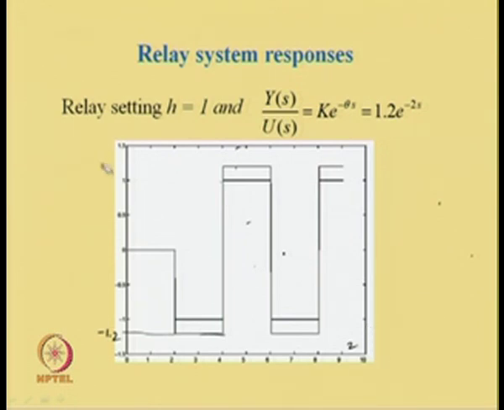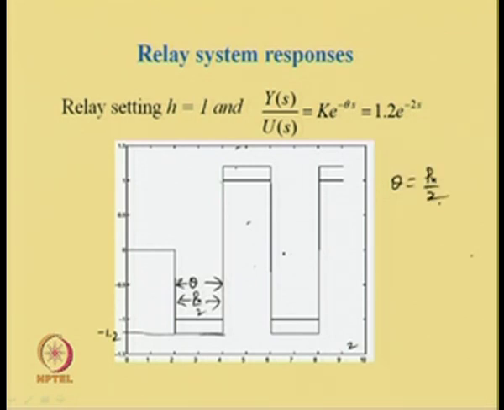From the sustained oscillatory output signal, what are we getting? Interestingly, theta is becoming Pu/2. So theta is equal to Pu/2. This is a forced one.